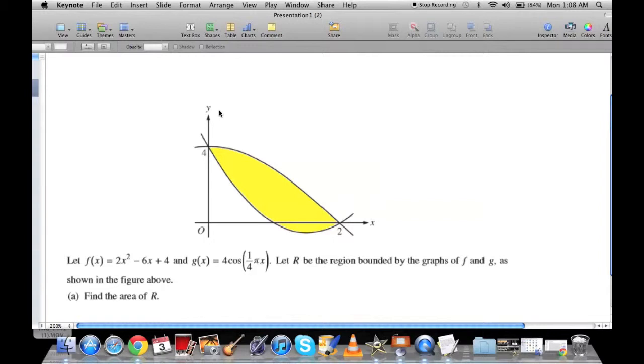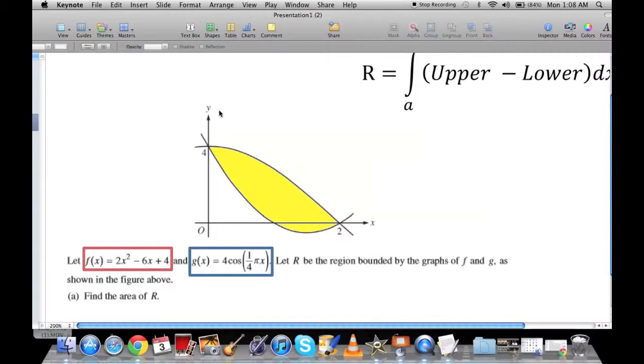To solve for the area, we are going to use integral. The problem gave us two functions, f of x and g of x. That means we are going to use the integral of the upper function minus the lower function.